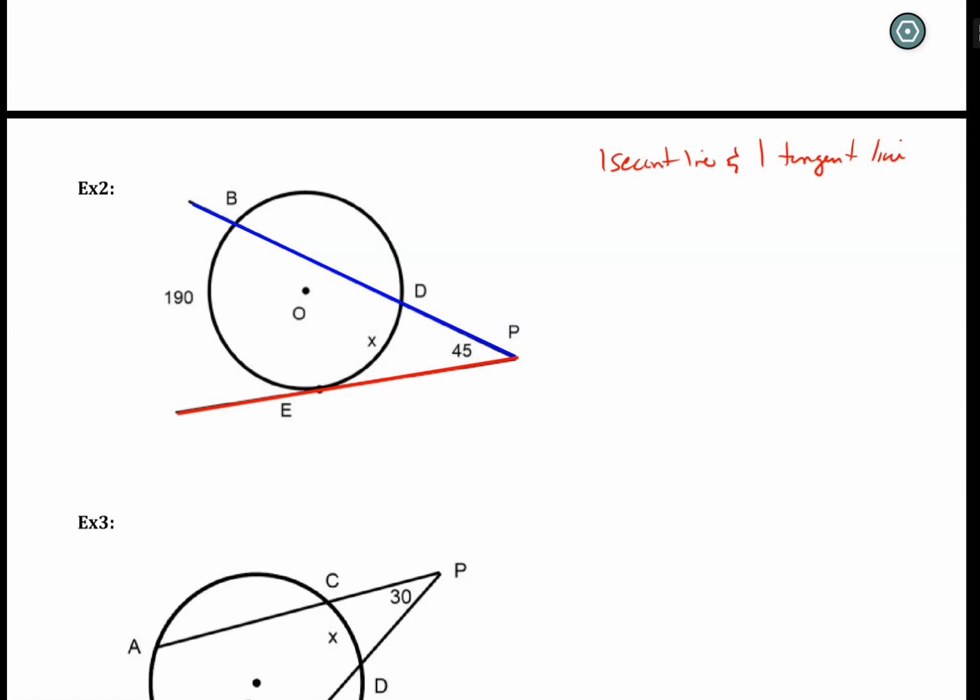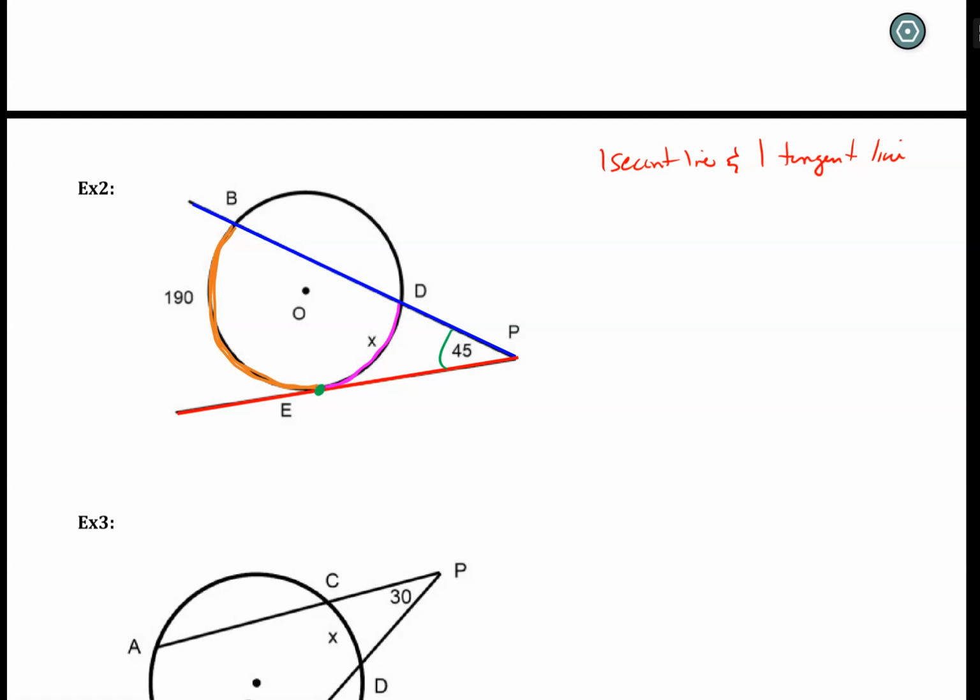That creates two arcs. When you have a tangent line, because it only intersects once, at this point right here, we're going to have an arc that goes from the secant line to the tangent line, B to E. And then the other one is from E to D, like so. They come together, but they are broken up at that point.